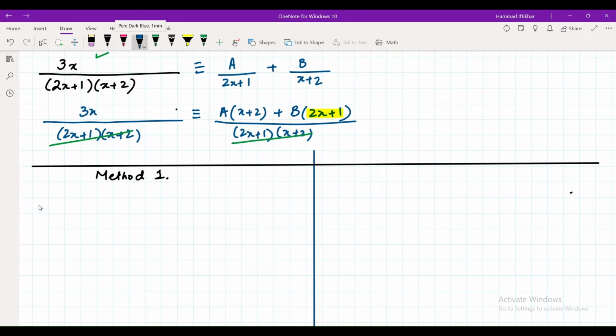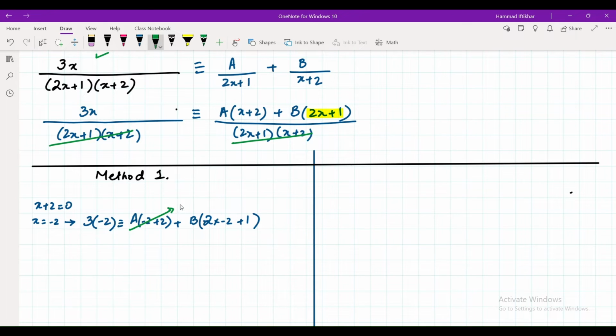So what we need to do first is take x plus 2 equal to 0, and that will give us x is equal to minus 2. So we will plug in x is equal to minus 2 in this entire expression. So this would become 3 times minus 2 identical to a times (minus 2 plus 2) plus b times (minus 2 times 2 plus 1).